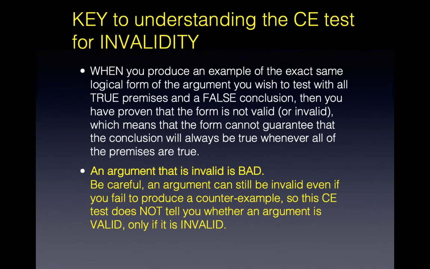I hesitate to say this, but this test is powerful. It is logically reliable. The limits on the test are the limits on our imaginations. See, critical thinking is not merely negative. In fact, I'd like to say it's not even mostly negative. It's actually being creative about thinking how the things we say, the things people believe, the arguments people give are mistaken. This is what I mean when I say this counterexample test for invalidity is not foolproof.